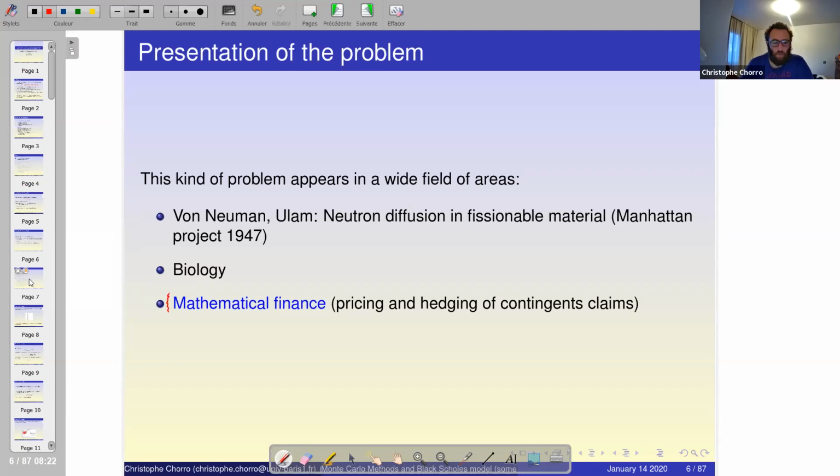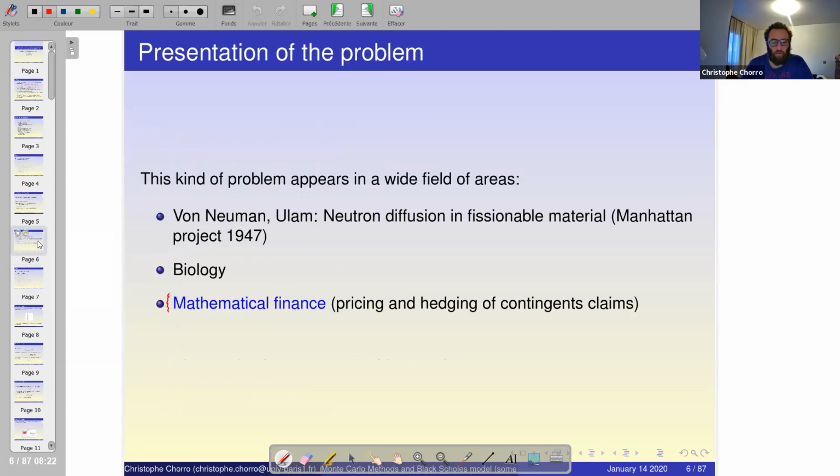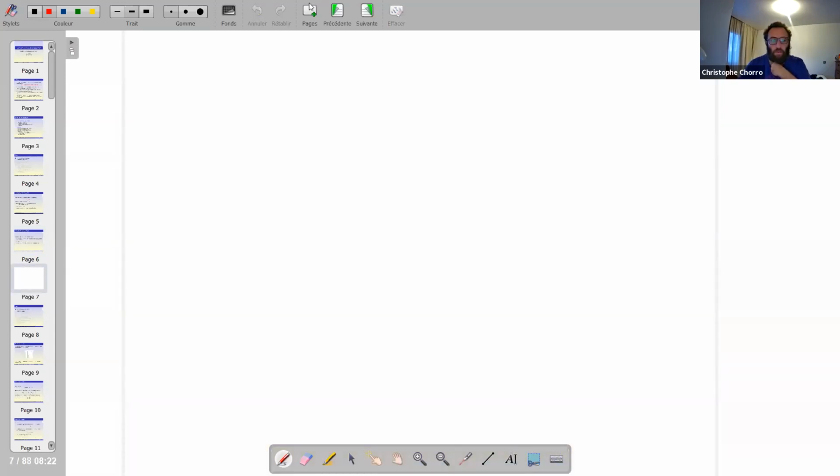So before showing you a historical example concerning Monte Carlo methods, let me remind you of a few things concerning approximation of integrals by tools from classical analysis. So we are here in the framework of classical analysis, that is to approximate my integral without using probability.